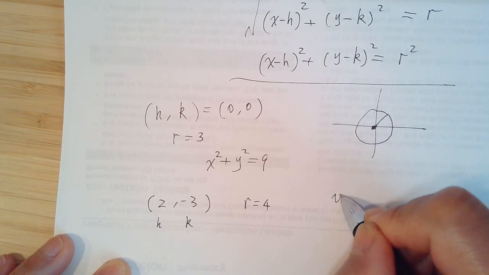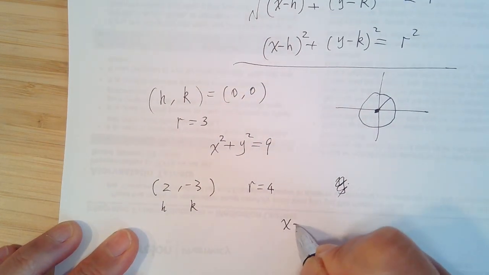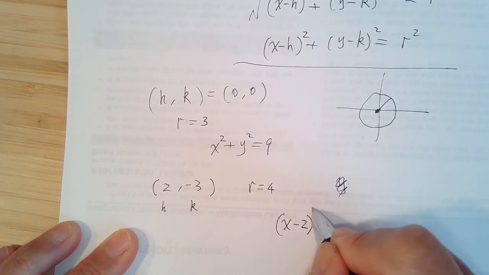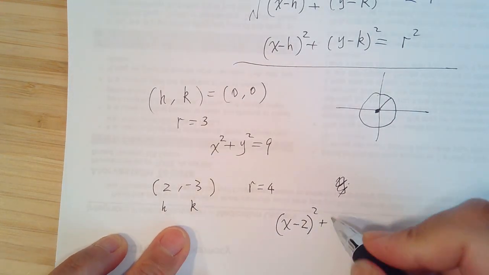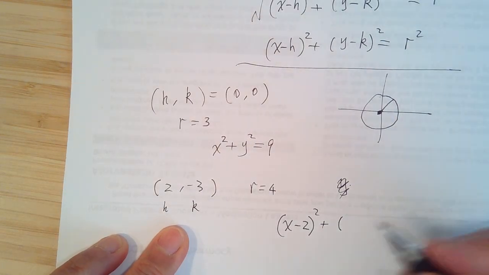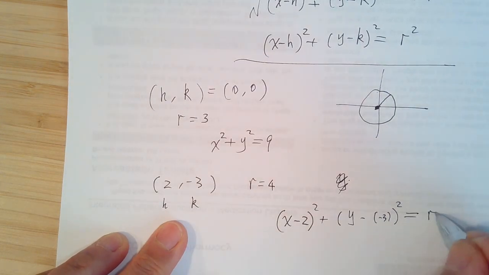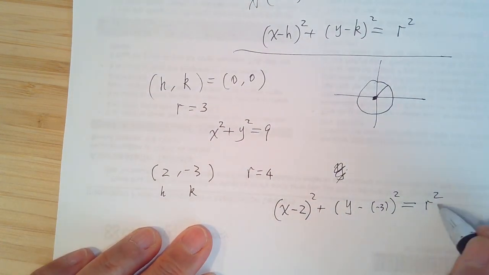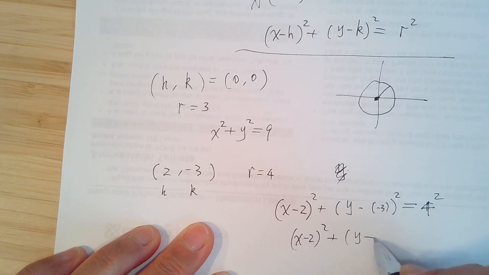Okay, so that will be (x minus 2) squared plus (y minus k), here k is negative 3, so y minus negative 3. And later, I'm going to change that to y plus 3, equals r squared, right? And I know r is 4. So I have (x minus 2) squared plus (y plus 3) squared equals 16.